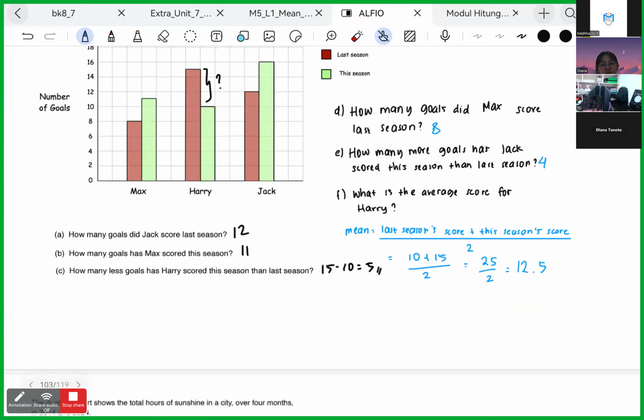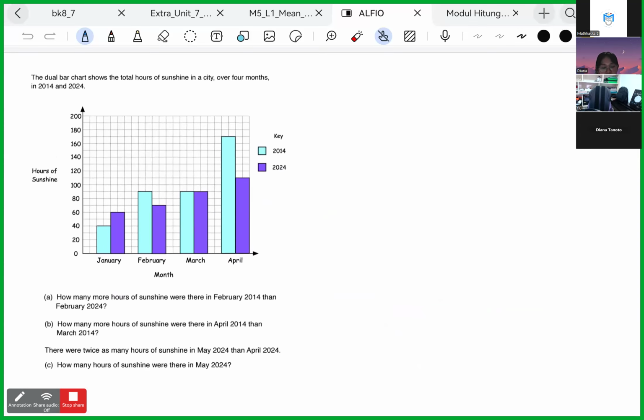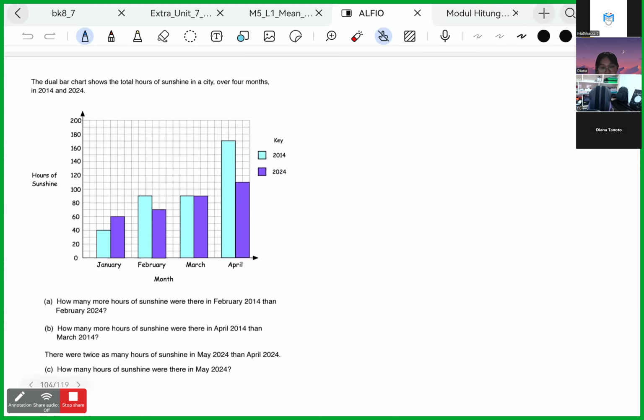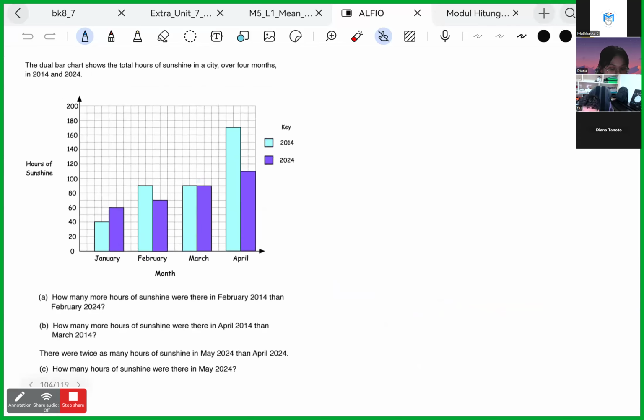Okay, for the next question, read the question, please, from the very top. Another dual bar chart.